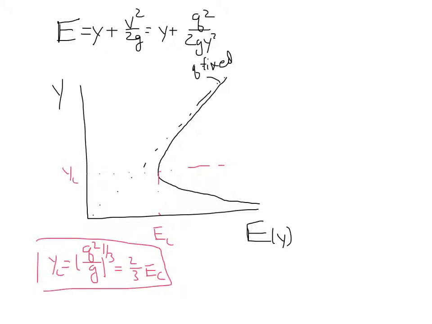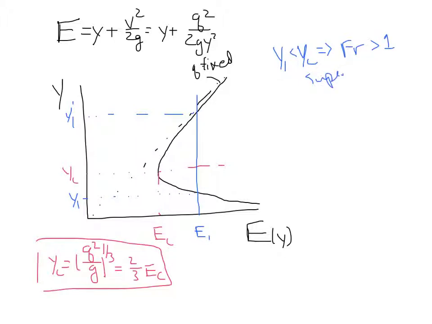Now, if the energy is greater than that minimum, so say we have some value E1, then there are two possible values of the depth, Y1 and Y1 prime. Y1 is less than YC, which means the Froude number is greater than 1. This is supercritical flow.